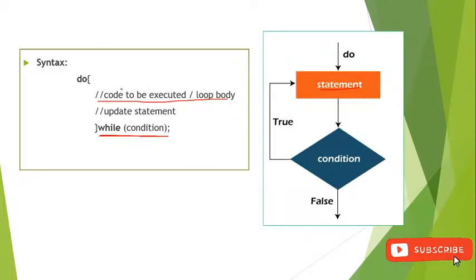Firstly it will print the statement and after that it will check the condition. So even if the condition is false, it will print the statement once. That is the specialty of the do while. If you want to print the statement at least once, we can use the do while loop.